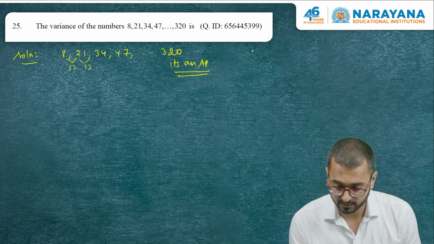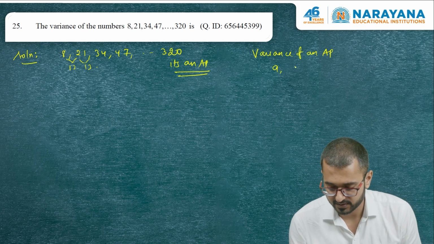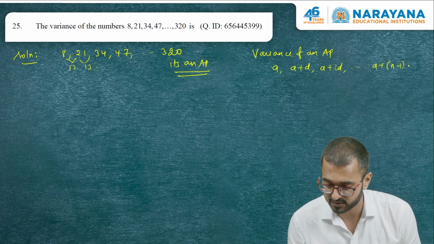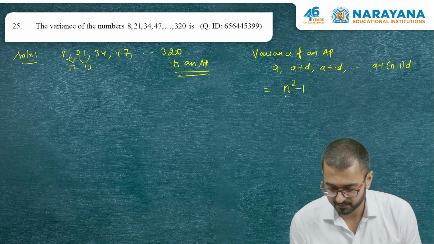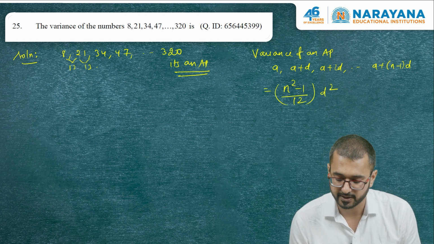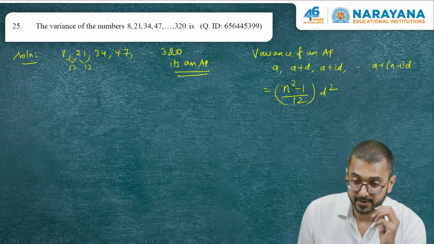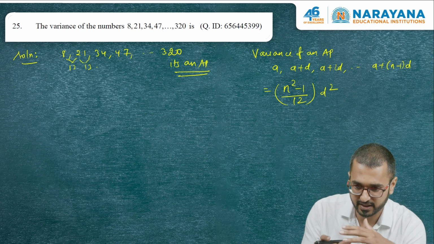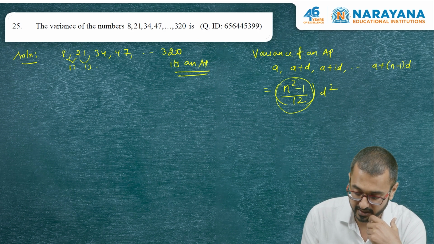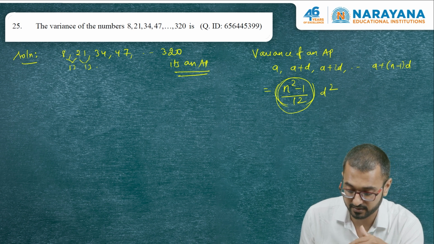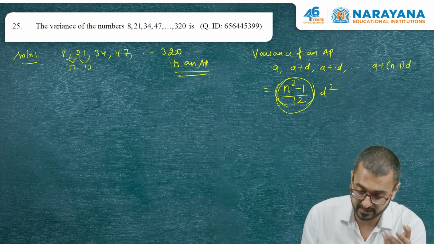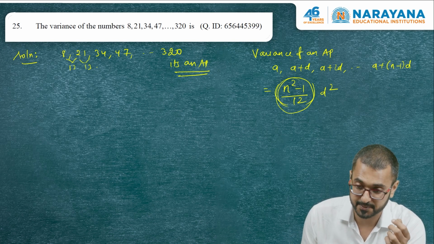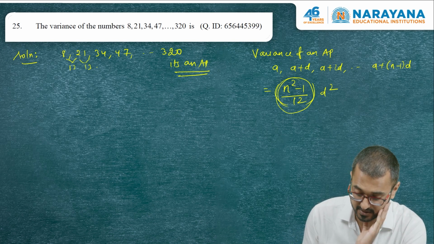So we know directly the variance of an AP a plus d, a plus 2d and so on, of n numbers up to a plus (n minus 1)d, is simply (n square minus 1) over 12 into d square. This is basically the variance of the uniform distribution, so variance is directly proportional to d square if n is constant.